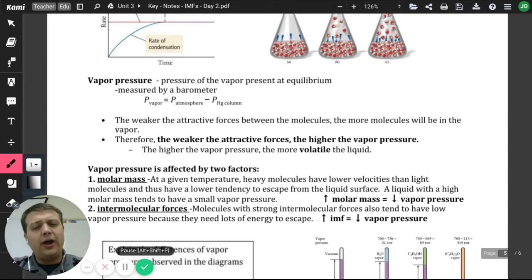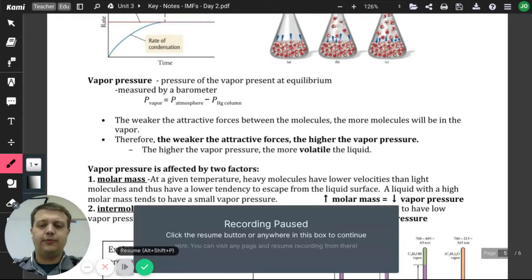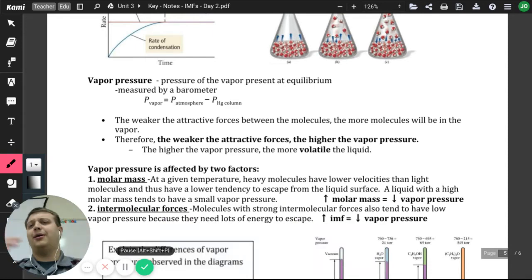So what is vapor pressure, though? So we know that over time, liquids will evaporate, right? Because they're going to absorb energy from the air. And so once they reach that point where they have enough energy, you'll see those molecules start to actually go into the environment. Now, for that, how do we know what amount of pressure is actually being exerted by that liquid?